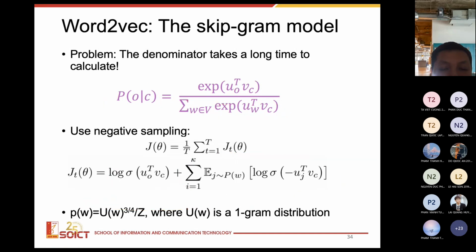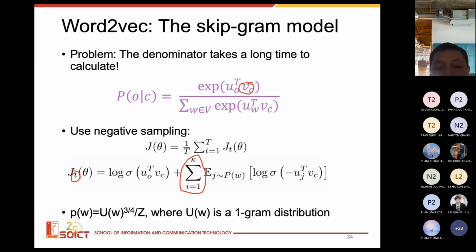Here we use K negative samples added to the loss. That means for every training sample, you have the input, the correct prediction, and then K negative samples. A negative sample means a word that should not be in the context of the word v_c.